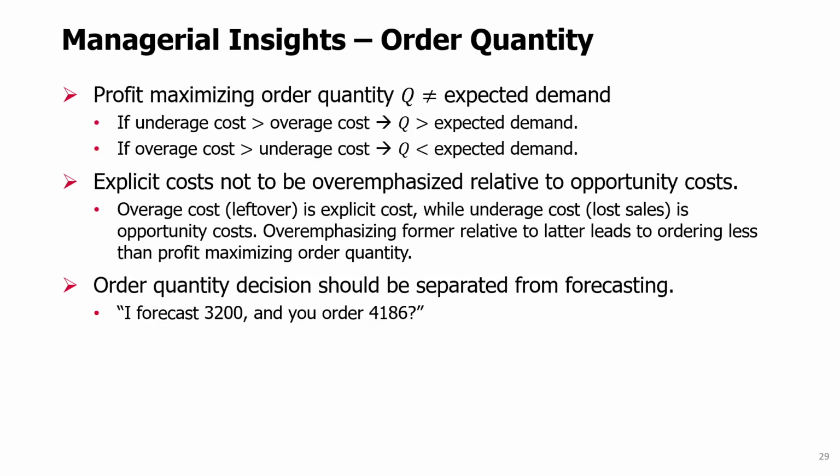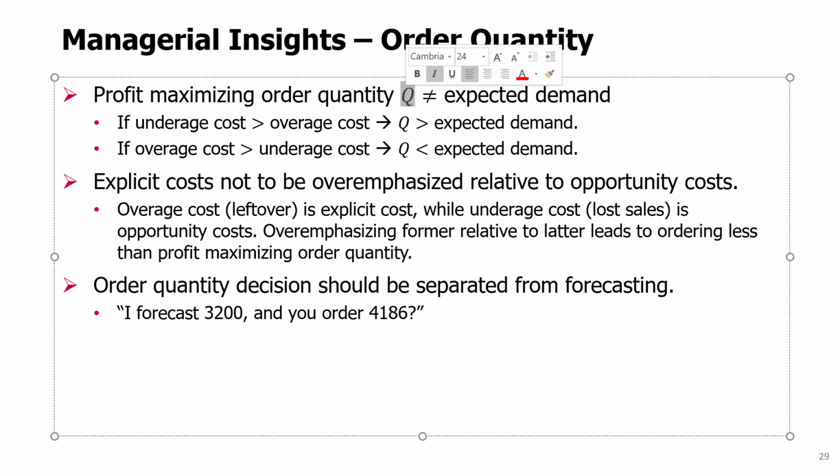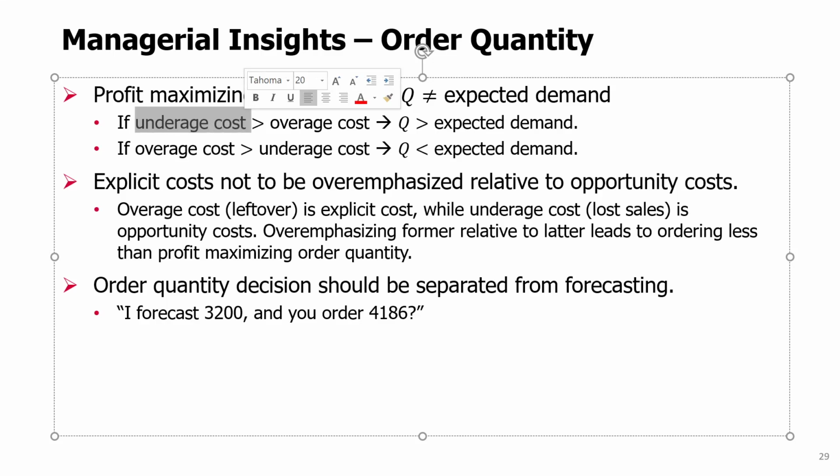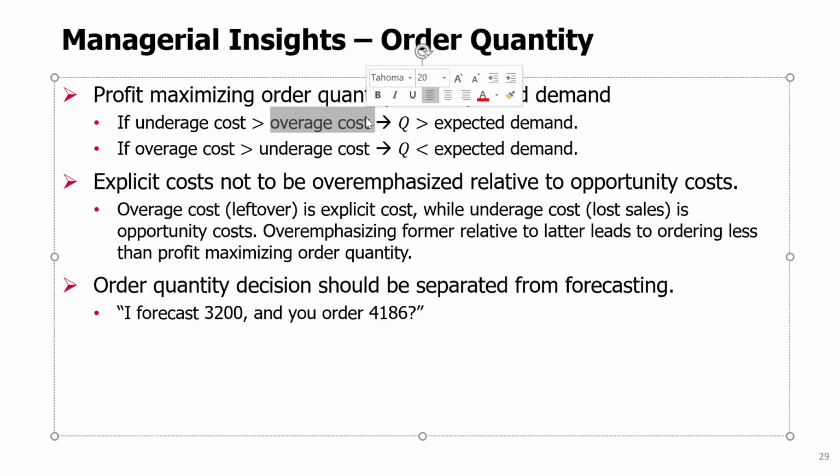The second set of insights is about order quantity. So notice that the profit maximizing order quantity Q is usually not equal to the expected demand. And always, when underage cost is higher than overage cost, the quantity will be higher than expected demand. This was our case.